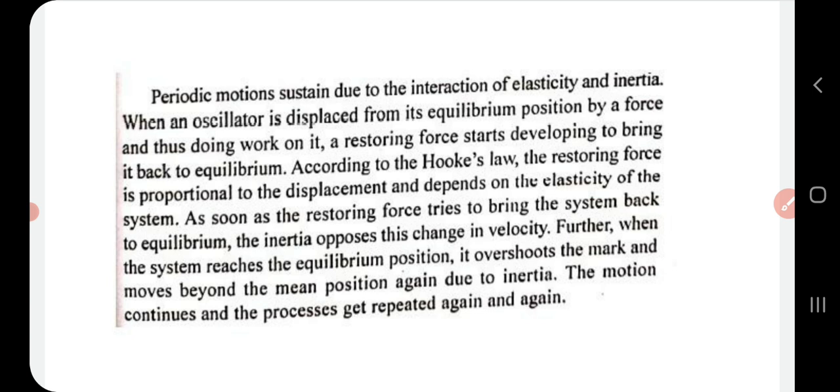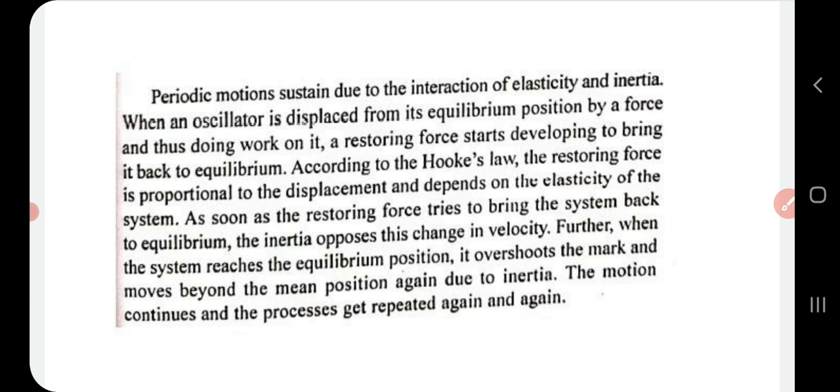Okay, that is, you are applying a force so as to displace an oscillator from its equilibrium position. So when doing so, a restoring force, somewhat like a frictional force, will act. And why does that act? In order to oppose that displacement. Okay, that is a restoring force will develop in order to oppose that displacement. That is, that restoring force will try to bring that oscillator back to its equilibrium position.